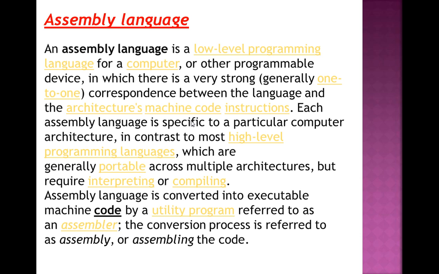But high-level languages require compilers and interpreters. As I told you in the overview of programming, there are two system tools for converting them to machine-level languages, the interpreter and the compiler.